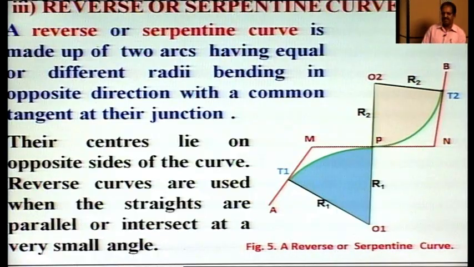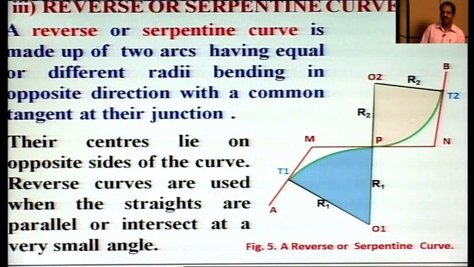Their centers lie on the opposite side of the curve, which is a very important point. Center O1 is on one side and center O2 of the second curve is on the opposite side. So, their centers lie on opposite sides of the curve. Reverse curves are used when the straights are parallel or intersect at a very small angle.